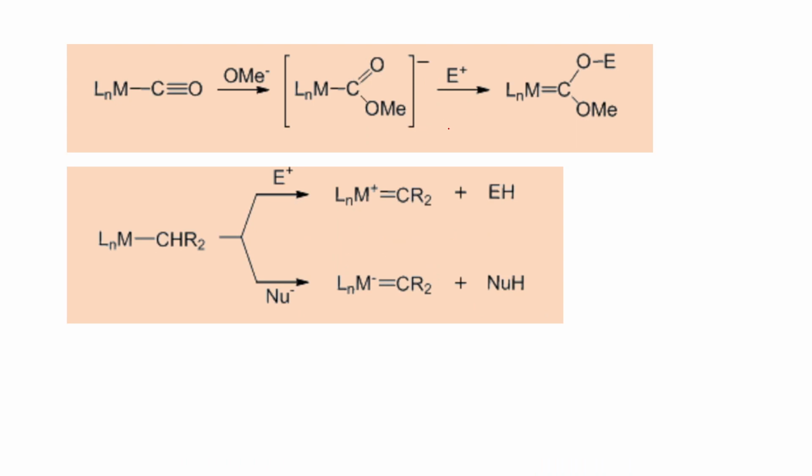And that's how your metal carbenes can react with an electrophile or nucleophile depending upon their nature, if it is a Schrock carbene or a Fischer carbene.